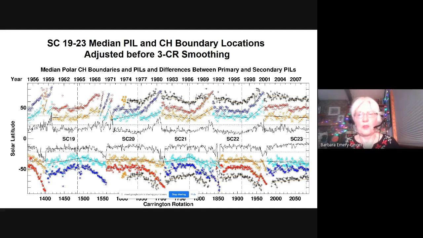But so those kind of adjustments we made, and we also deleted the coronal holes that were very low longitude numbers in the solar max area where they disappeared.